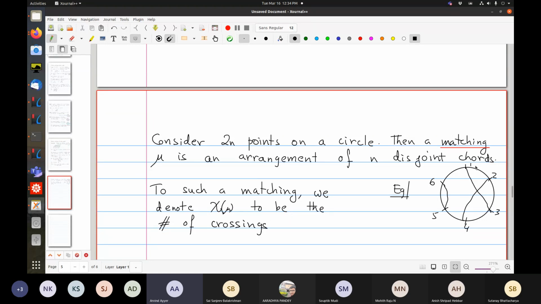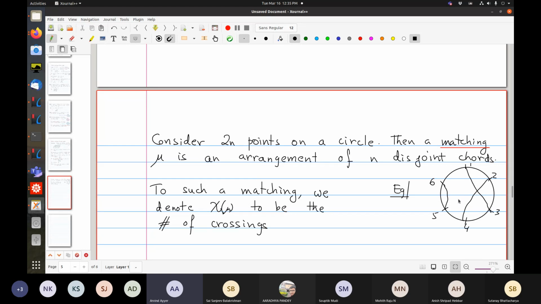You think of these points on the circle in generic position. So in other words, whenever there is a crossing, exactly 2 chords cross.